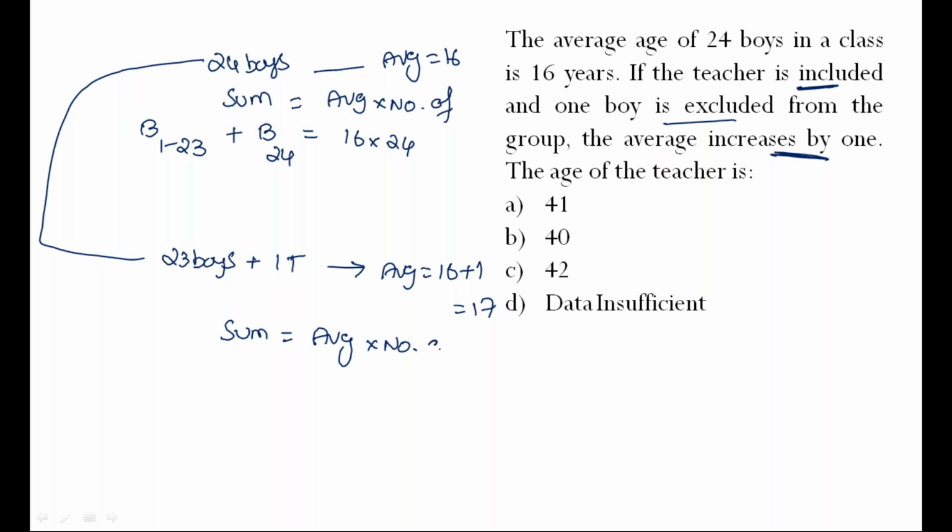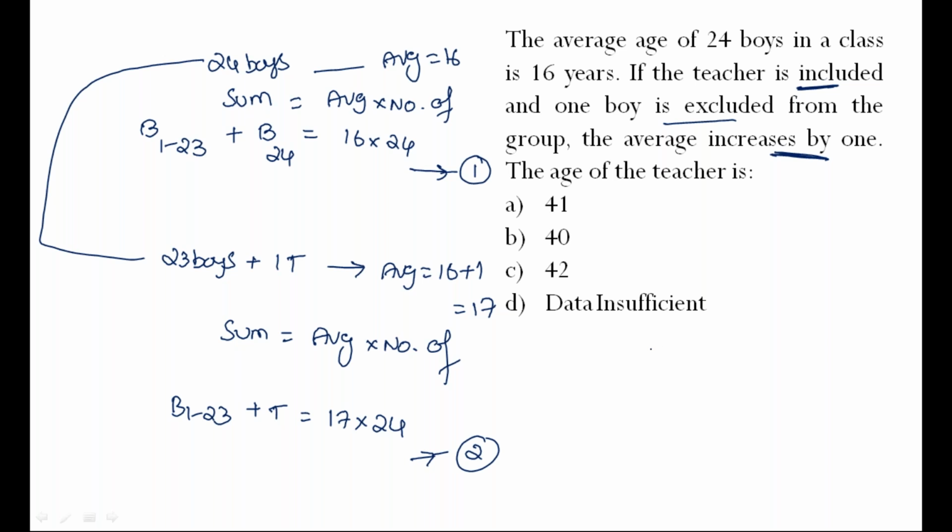We are applying in every question sum equals average into number of people, right? Now 23 boys, B1 to 23 plus teacher, and the number of people is 24 only, because one boy was excluded and one person included. So average is 17, so 17 into 24. This is equation 1. This is equation 2.